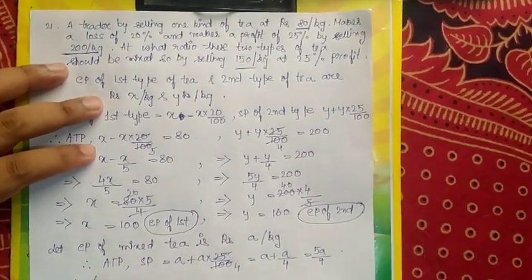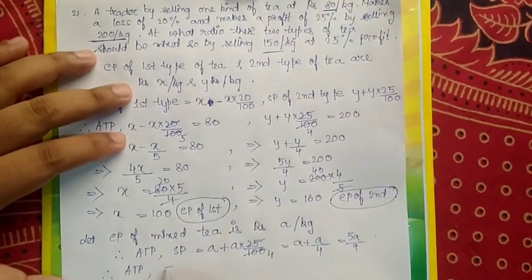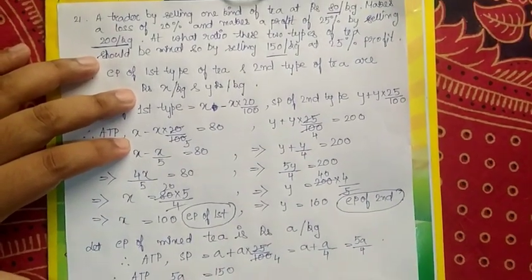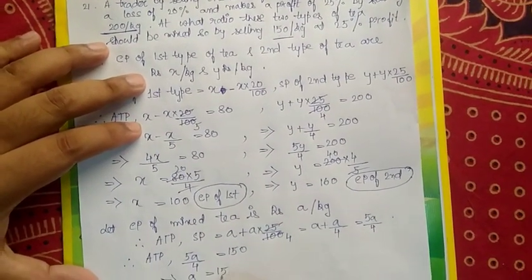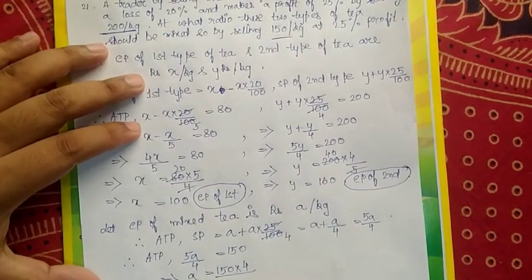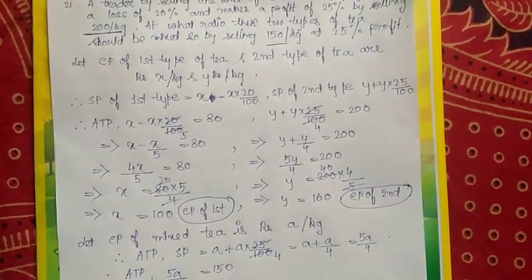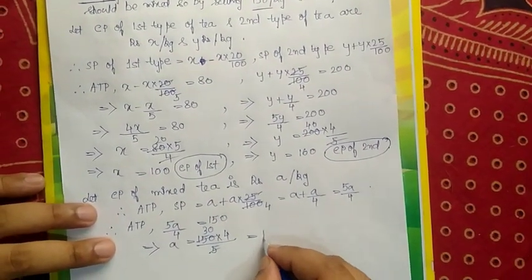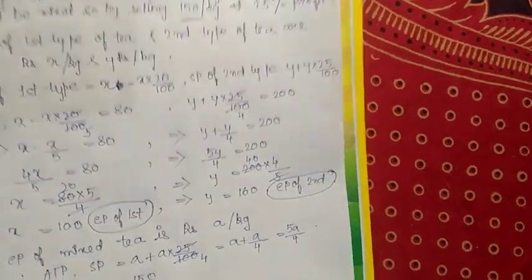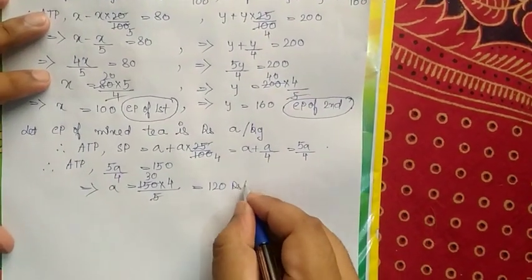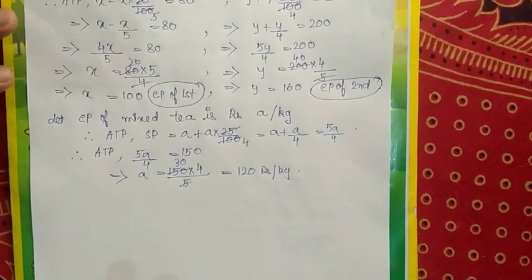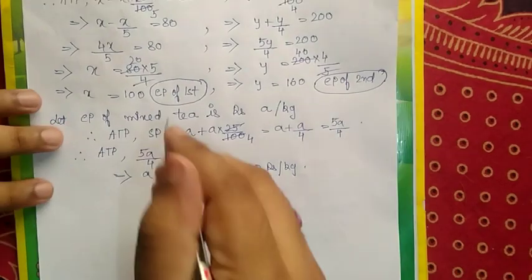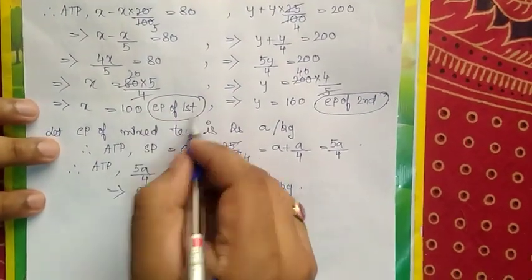So 5A by 4 equal to 150. So A equal to 150 into 4 by 5, which is rupees 120 per kg.